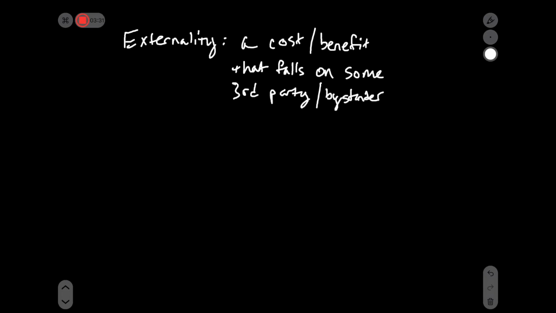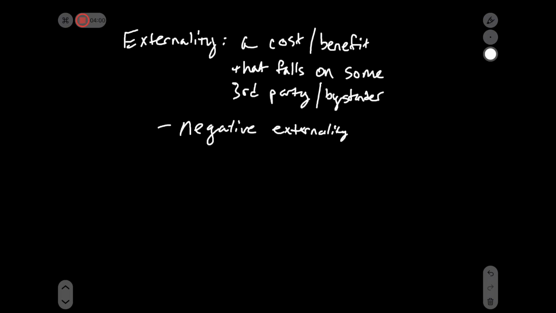And this happens for all sorts of markets in the real world. So markets where you have a negative externality, that's a cost or some adverse effect of this market activity, this consumption and production of this good that falls on someone that's not engaged in the market.